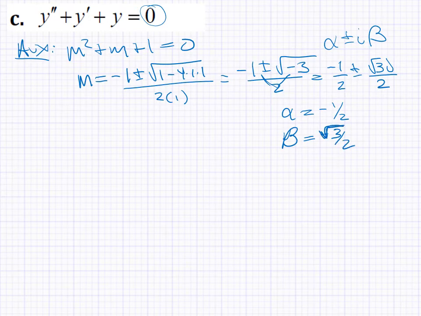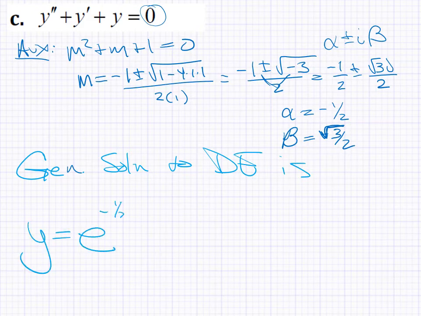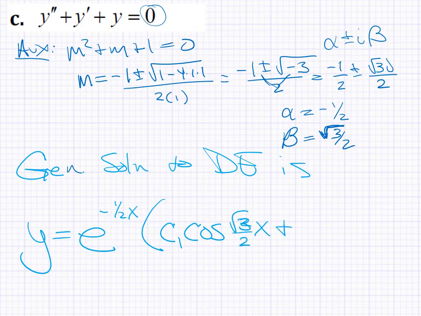Once you have that, then we could say the general solution to the differential equation is y equals e to the alpha x, so negative 1/2 x, times c1 cosine beta, square root of 3 over 2 x, plus c2 sine beta, which is square root of 3 over 2 x.